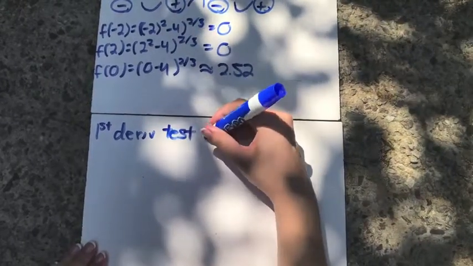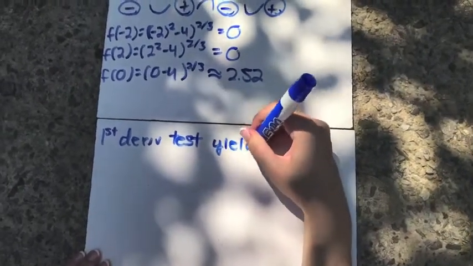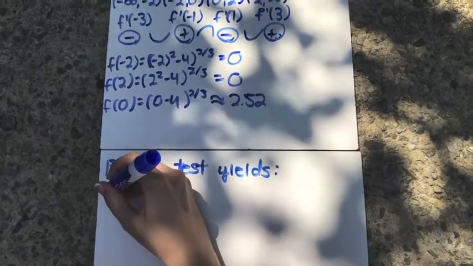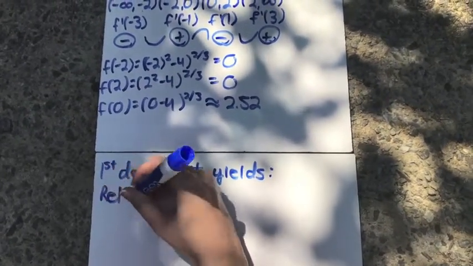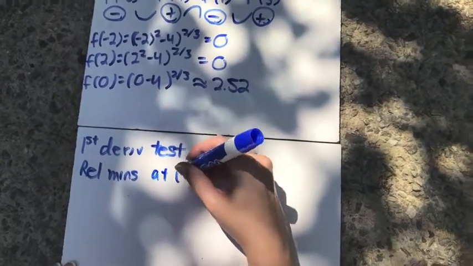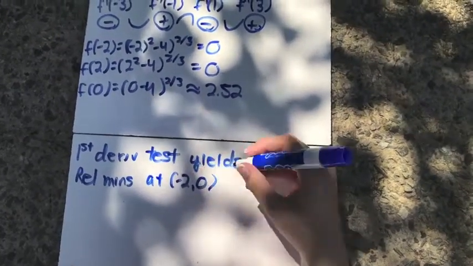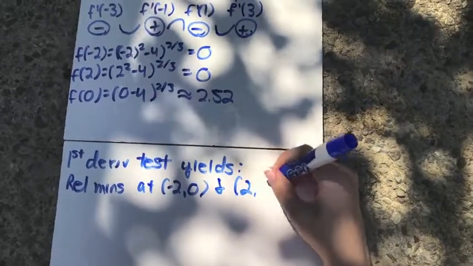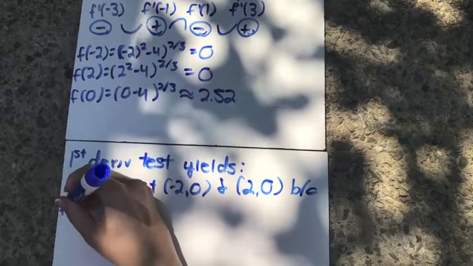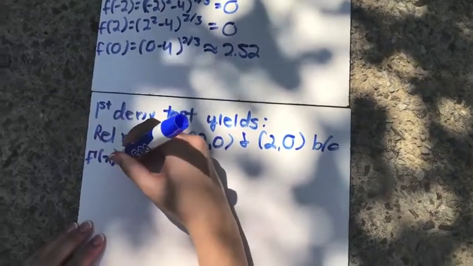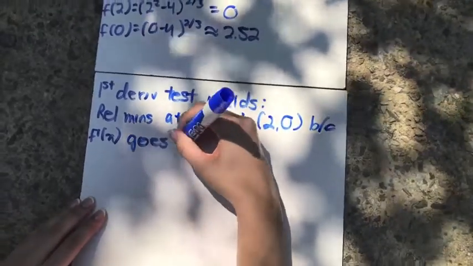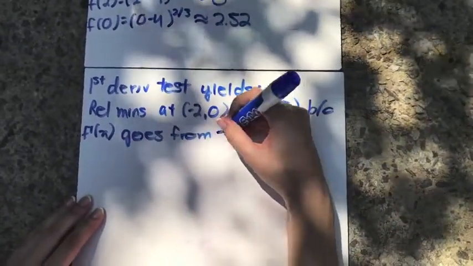So then your explanation will be the first derivative test yields a relative min at negative 2, 0 and 2, 0 because f prime of x goes from negative to positive.